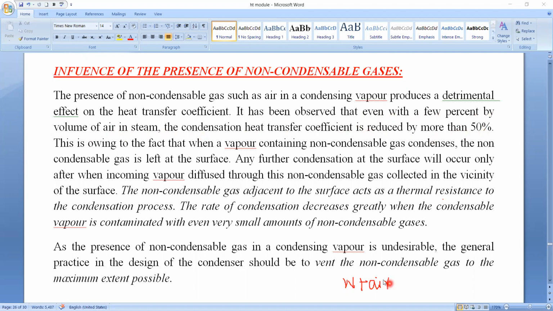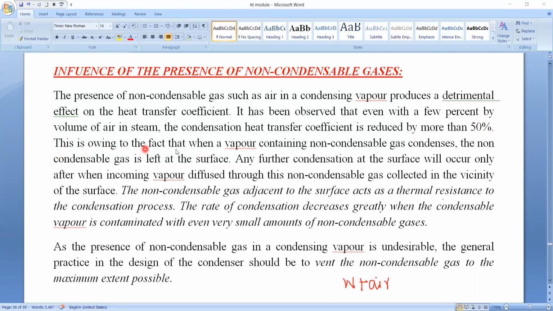So if we have some percentage by volume of air in the water vapor, it will reduce the condensation rate by more than 50%. Such a great negative impact is there due to the presence of non-condensable gases on the condensation process.